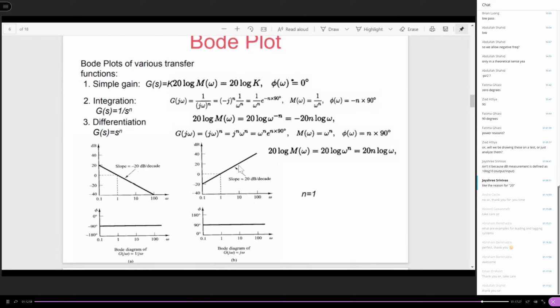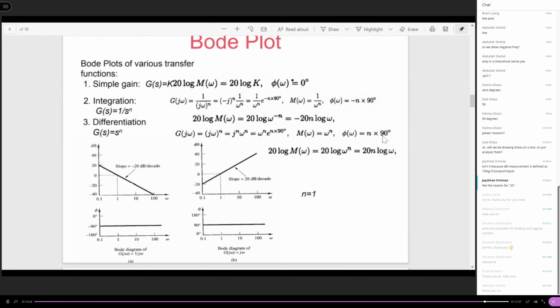For the n equal to 1 case, the slope is 20 dB per decade. Decade means 10 times the frequency. Every 10 times increase of the frequency, the magnitude goes up by 20 dB. Here it is decreased by 20 dB every 10 times the frequency.